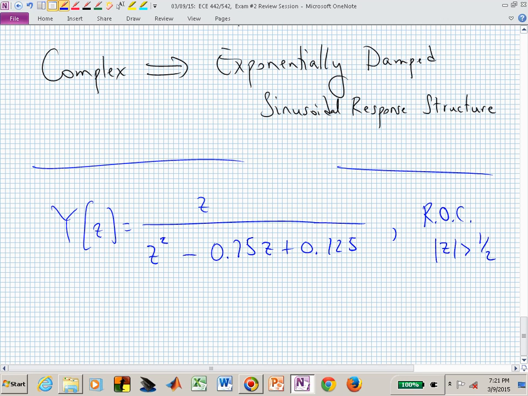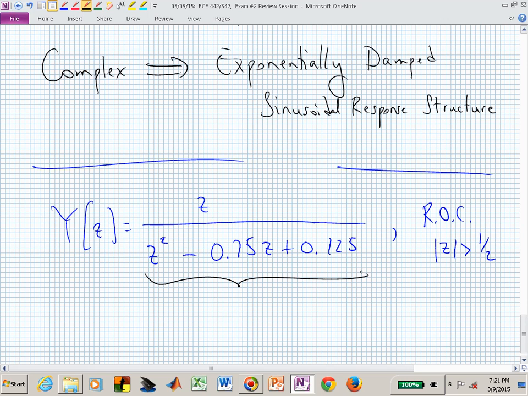Now, just as a heads up, I may give you a 4th order or 5th order or 6th order capital Y of z, meaning the denominator could be 2nd order, 4th order, 5th order, 6th order, but I'll try to keep those factored into quadratic factors, meaning you only have to know the quadratic formula. But if you do find the roots using the quadratic formula, they might be real or complex roots.